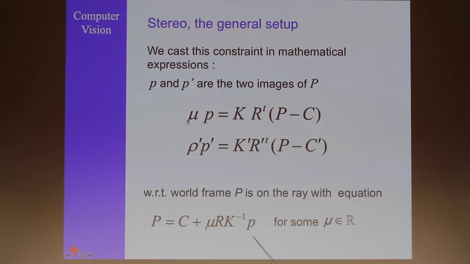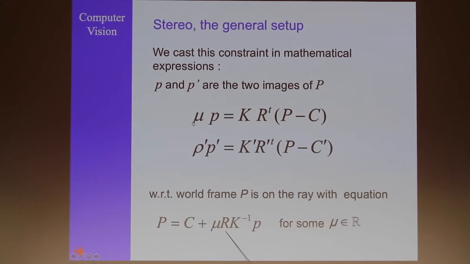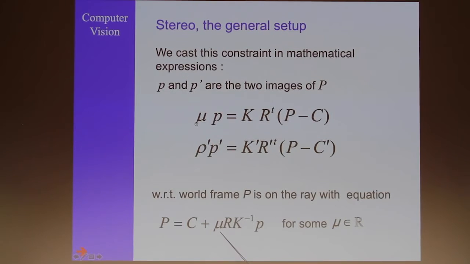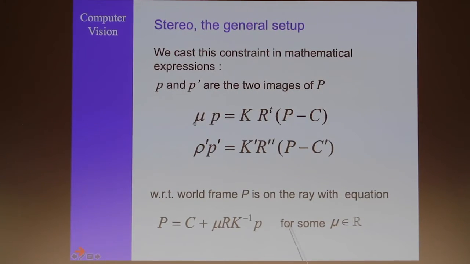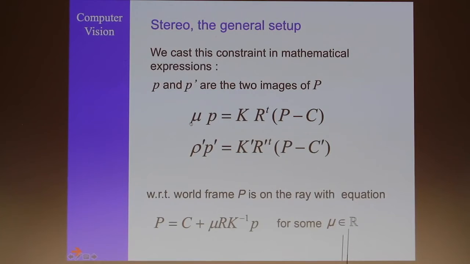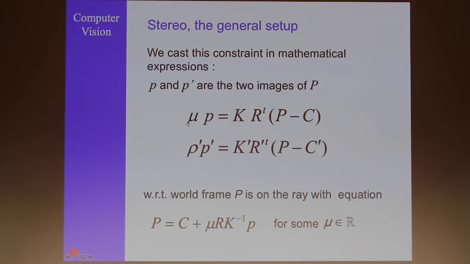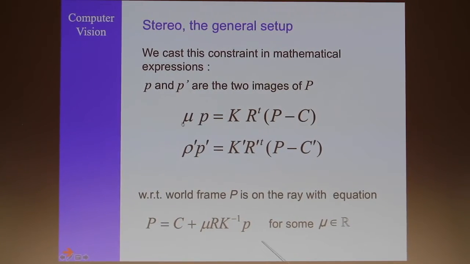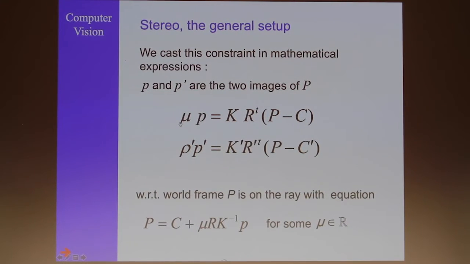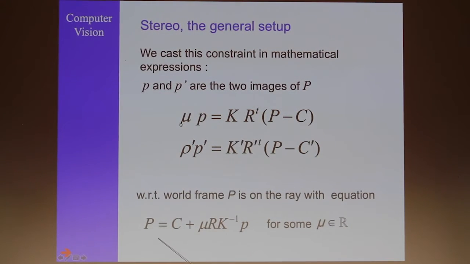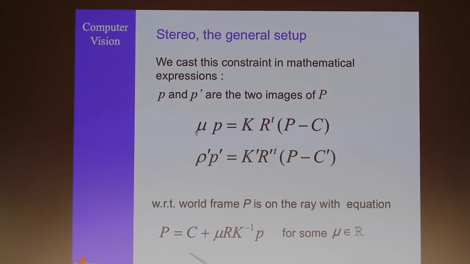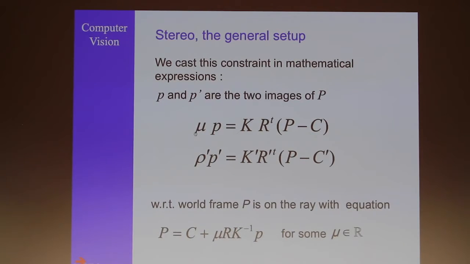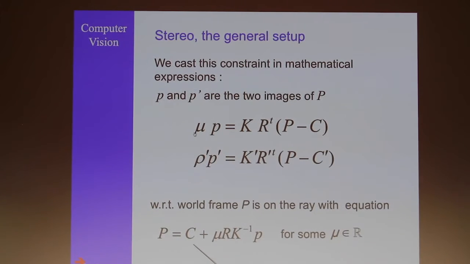P is fixed, K is fixed, R is fixed, mu is variable. So this is the directional vector of the projection ray of the first camera. This is the equation of the projection ray for the first camera, or in other words, all the points yielding the same projection p. By varying mu, we get different points P, starting at the center of projection of the first camera.